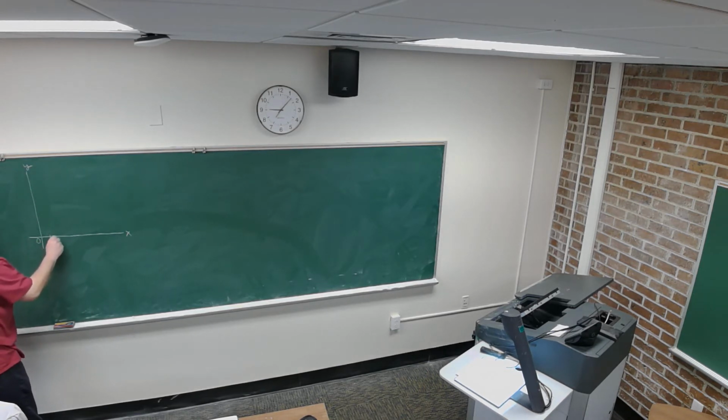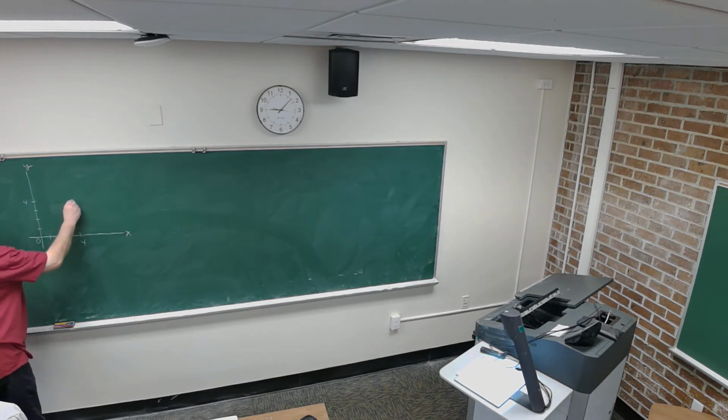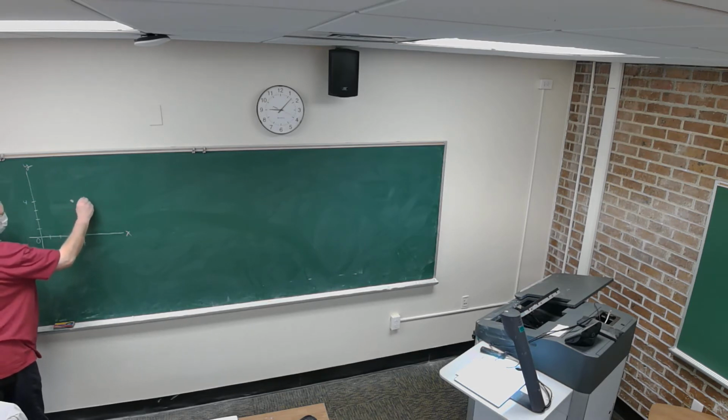So here's x equals 1, 2, 3, 4. Y equals 1, 2, 3, 4. And so here's the point 4, 4 in the coordinate plane.